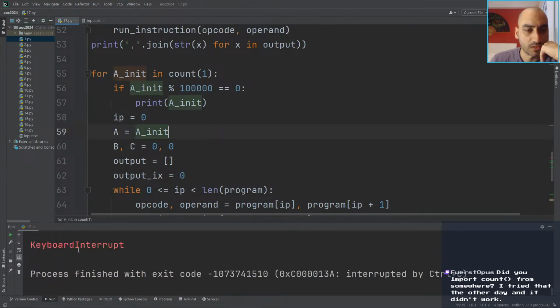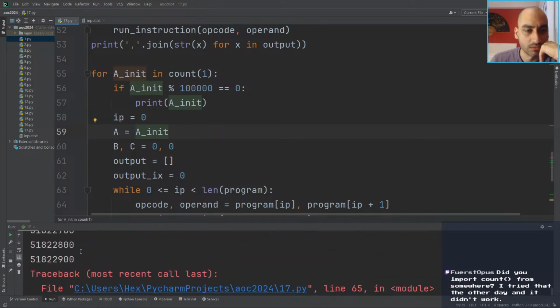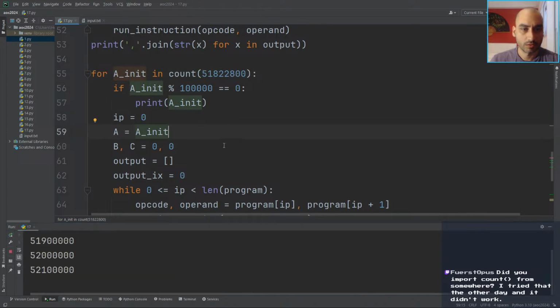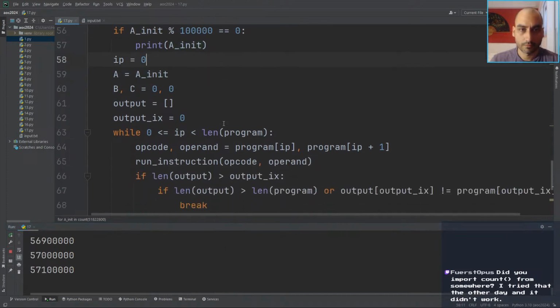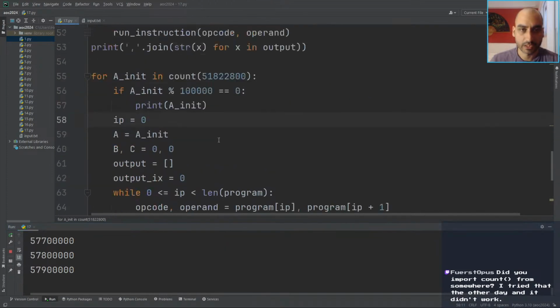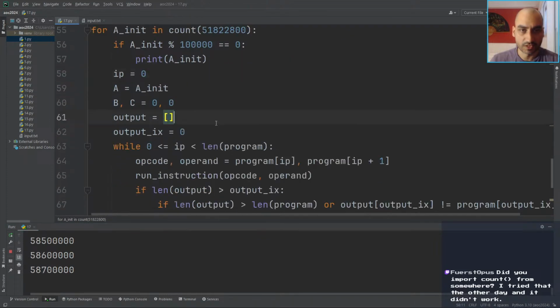Hang on, let's stop this. We can start from a higher number. Let's just start from there. Don't print as much. I don't know if this is going to get us anywhere. Should we try at least the test case so we know if this sort of works?